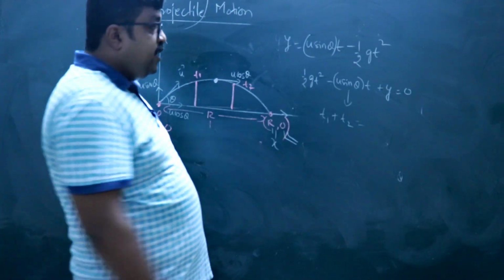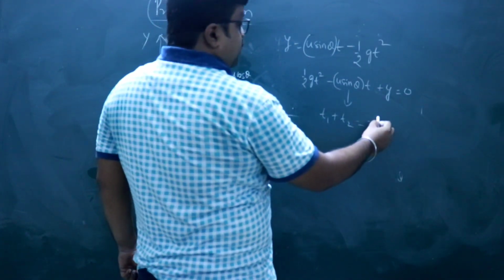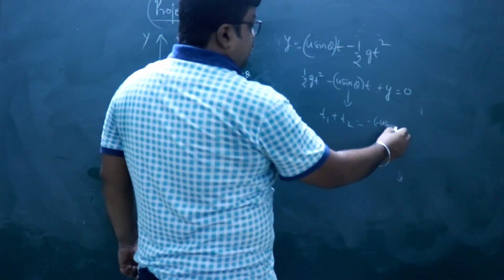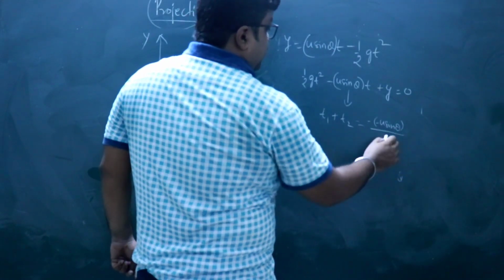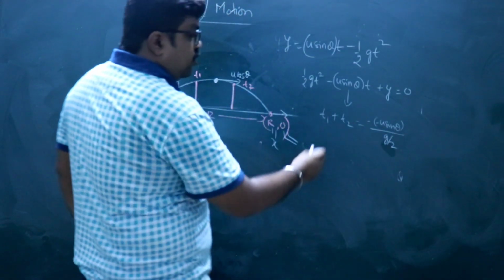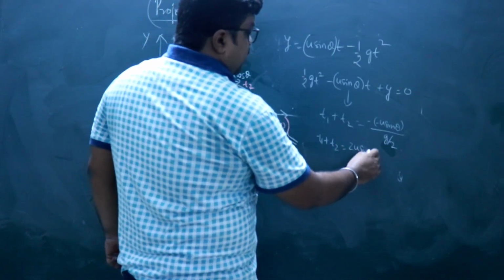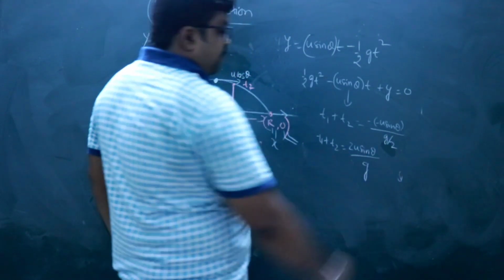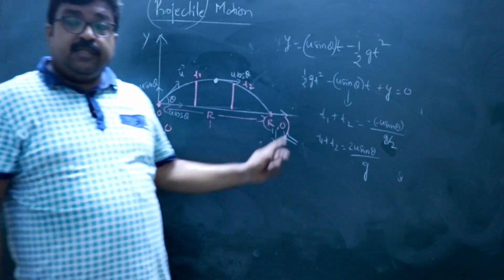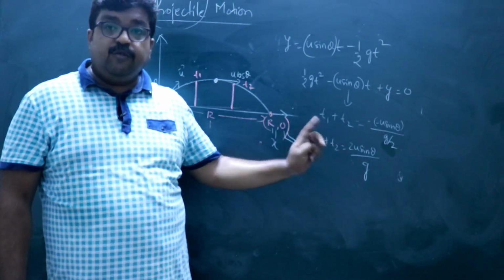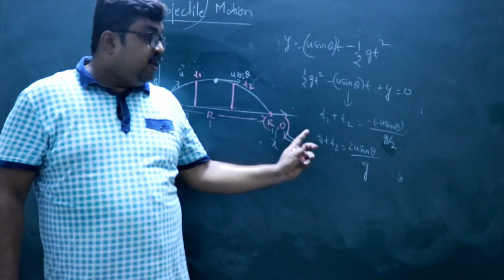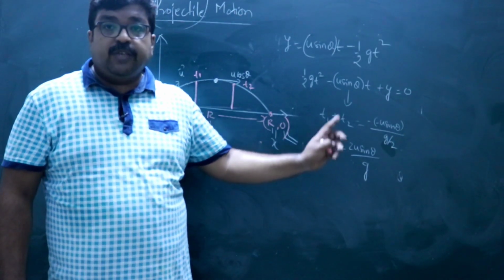Minus b by a implies minus of minus u sin theta divided by g by 2. So t1 plus t2 is equal to twice u sin theta by g.